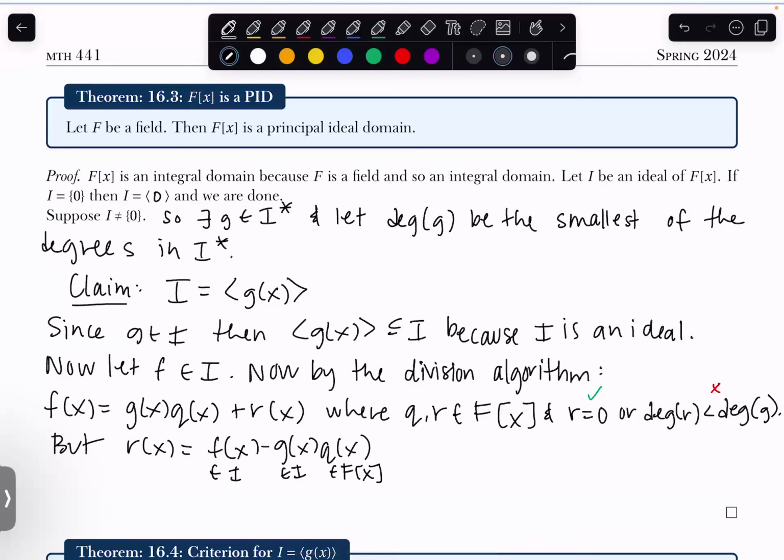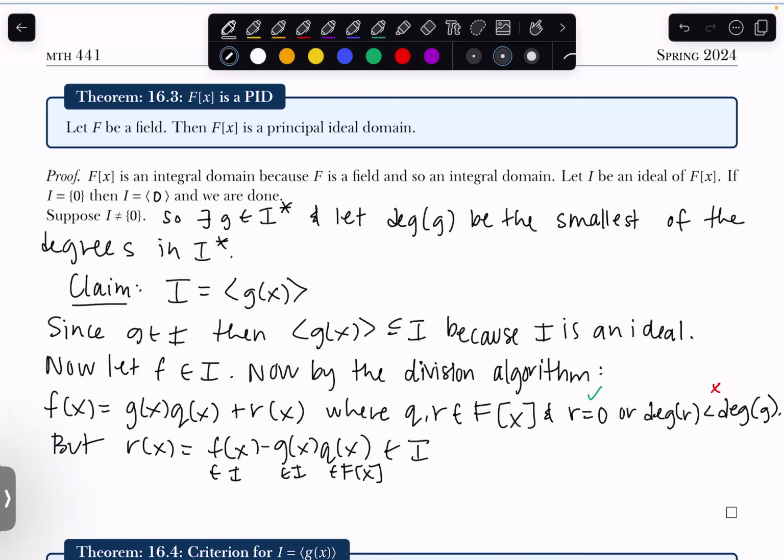But because I have an ideal, if I take something on the inside, something on the outside, I know it'll land on the inside. And because it's an ideal, it's closed under addition and subtraction. And so I know this whole thing is inside of I.